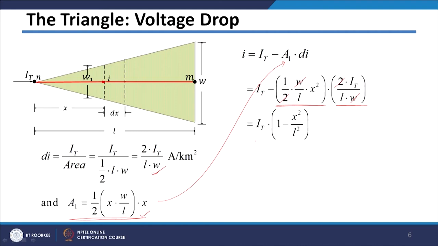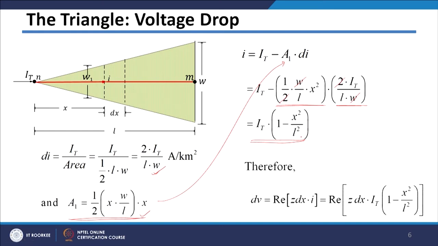If you take IT out, I will get the equation for current, which is this one, and then I can easily write the equation for dV, which is the voltage drop happening in this small strip, which is the real part of impedance Z dx multiplied by your current. The current equation which you have got here I can just put here. So, it will be Z dx multiplied by your current which is entering into this strip.